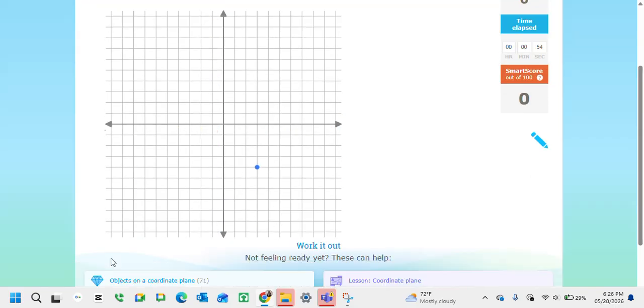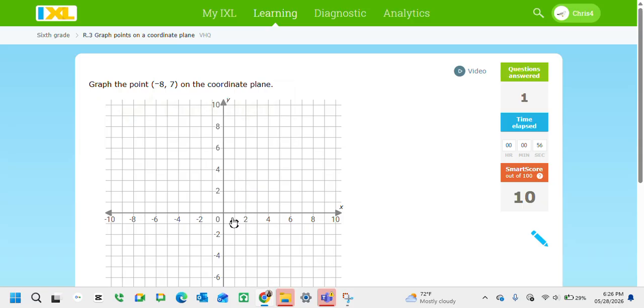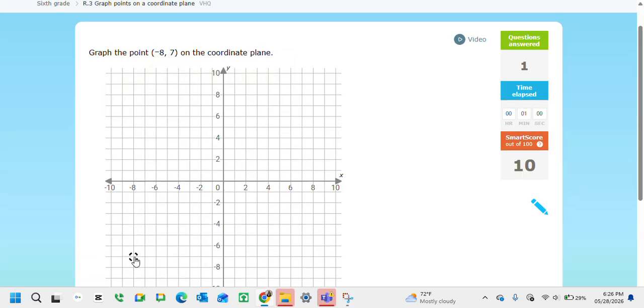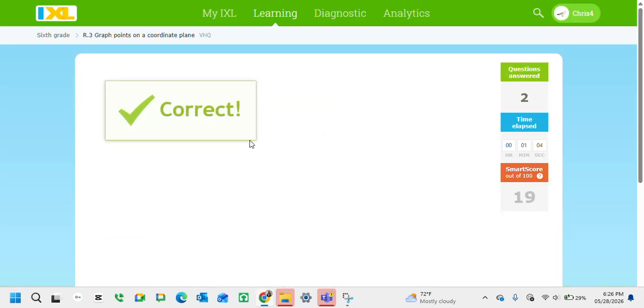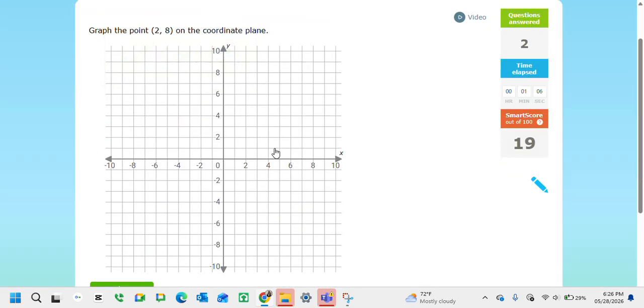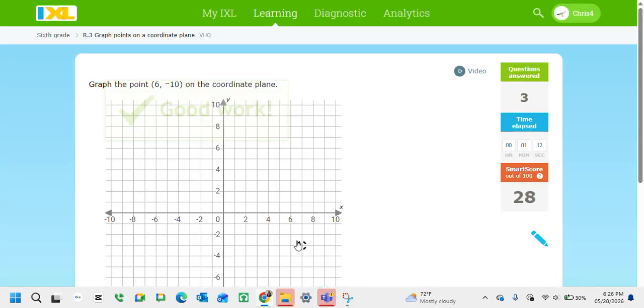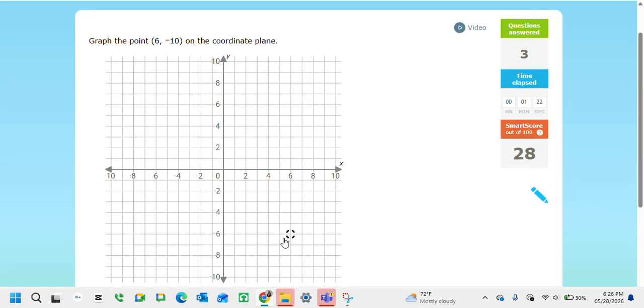That is easy. Go -8, 7. Another easy question. 2, 8. Easy as cheese. 6 and -10.